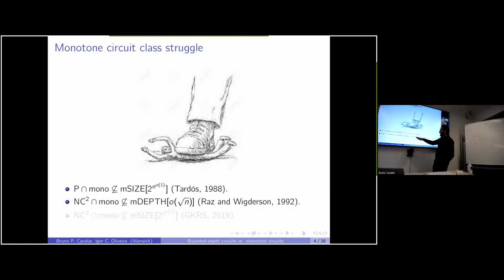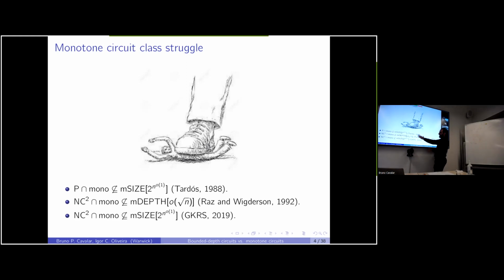Later on, Raz and Wigderson showed that there's a monotone function even in NC2, meaning a circuit with log squared depth and fan-in 2. So it's a parallel circuit, and it can compute something that monotone circuits with square root of n depth cannot, so it is like exponential size formulas. Monotone formulas cannot compute it. And by formula, I mean a circuit where the fan-out of the gates is 1, so it looks like a tree.